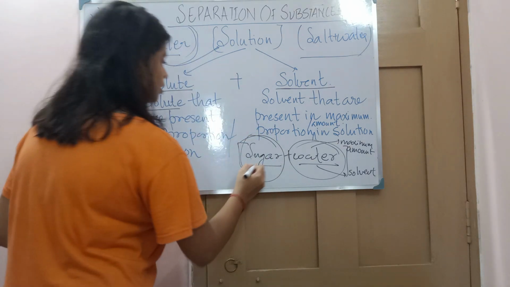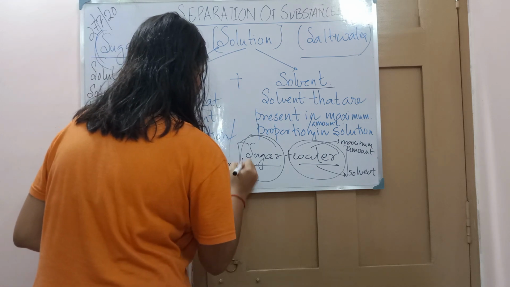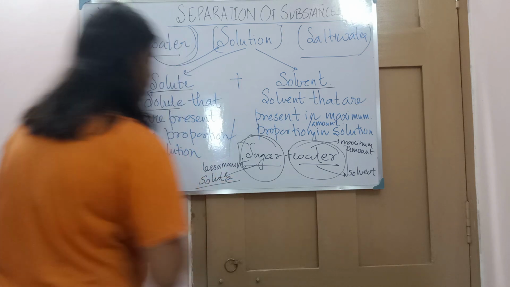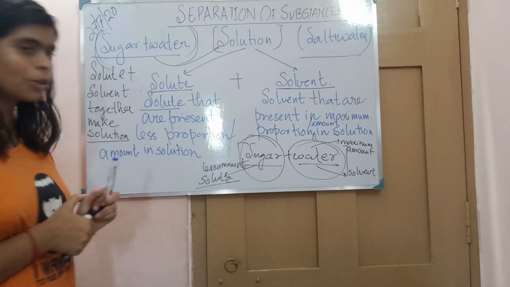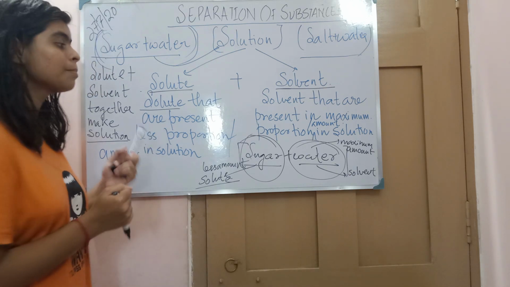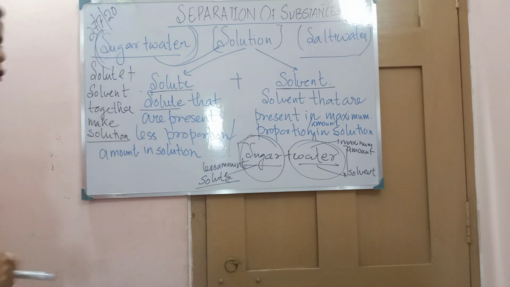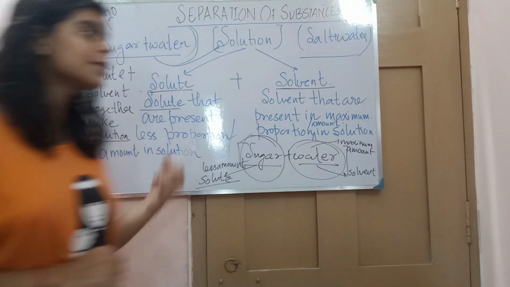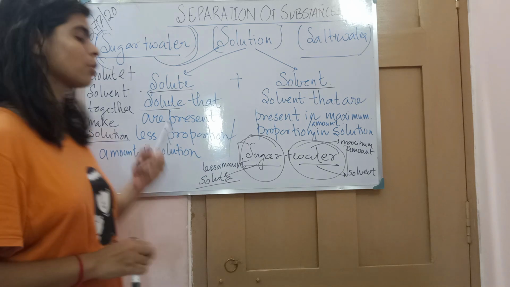Sugar is present in a lesser amount, so that is why we call it a solute. So now we have understood what a solute is and what a solvent is. The solvent is the component present in the maximum proportion or amount in a solution, and the solute is the component present in a lesser proportion or amount in a solution.